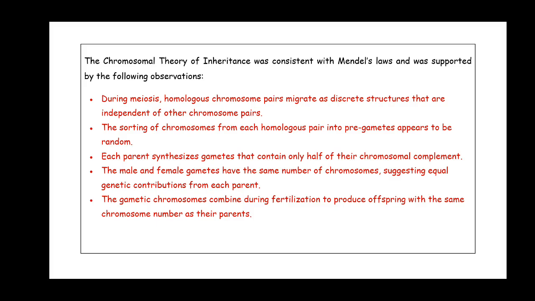Each parent synthesizes gametes that contain only half of their chromosomal complement, which is nothing but meiosis. The male and female gametes have the same number of chromosomes, suggesting an equal genetic contribution from each parent. This relates to the diploid phase of an organism. Every diploid organism has two phases in its life cycle.